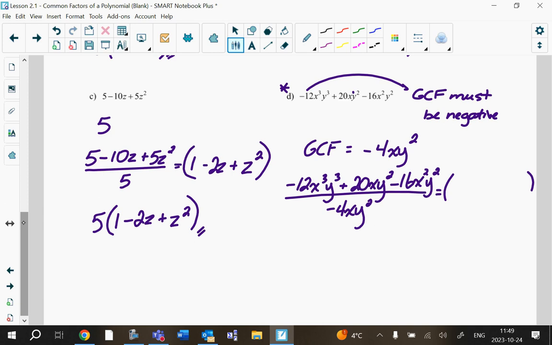All right, so you got to know your division. This one divide this one. What do we get? Positive 3x squared, and then y. Good. 3x squared y. Is the next going to be plus or minus?